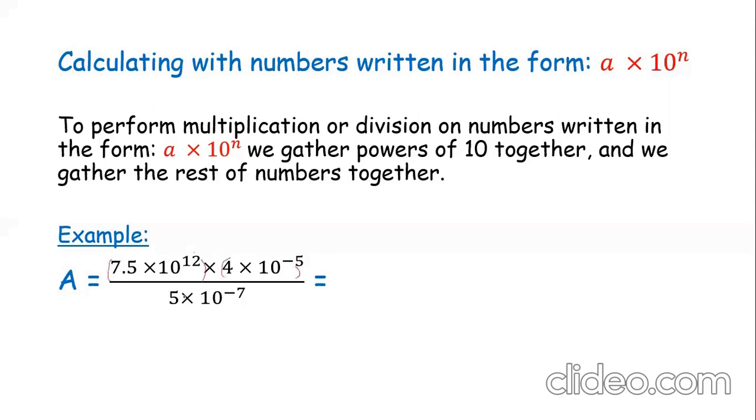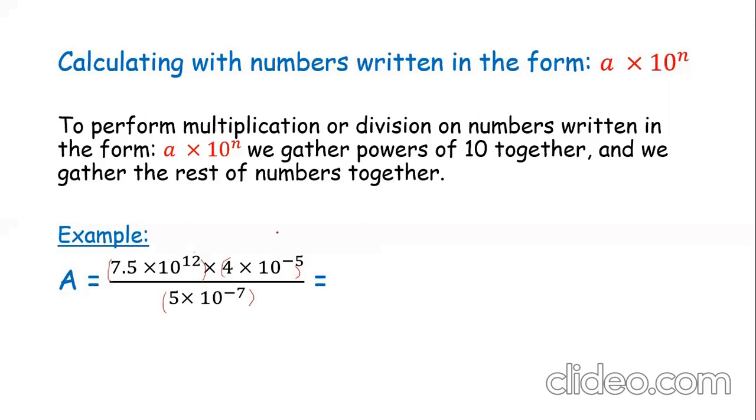Each one of these numbers between brackets is of this form. Even if we have other numbers multiplied, for example, multiplied by 4, multiplied by 5, it works the same. We gather the powers of 10 together and the rest of the numbers together.